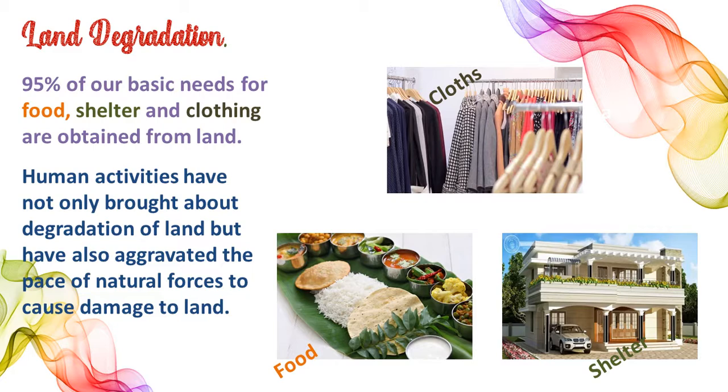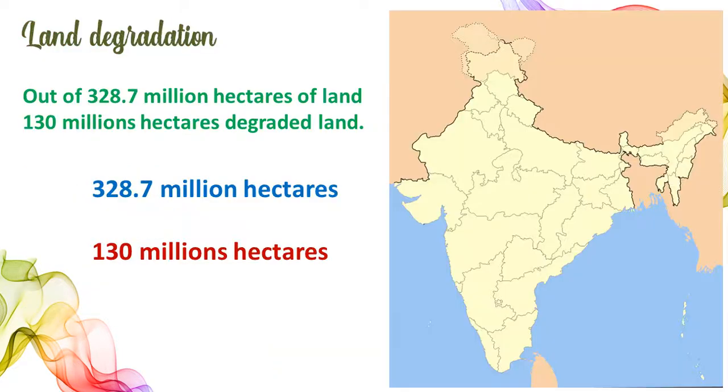Now let us understand them in detail. India has 328.7 million hectares of land, and out of that 130 million hectares is degraded land.